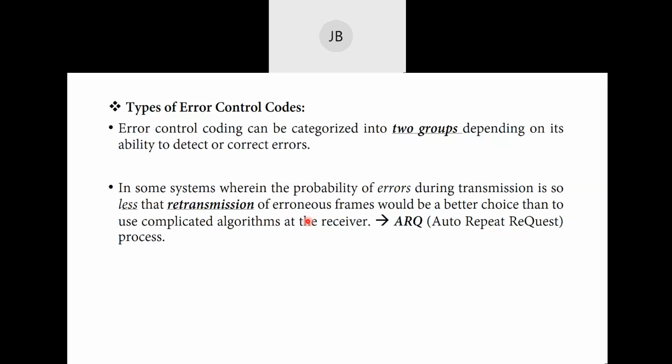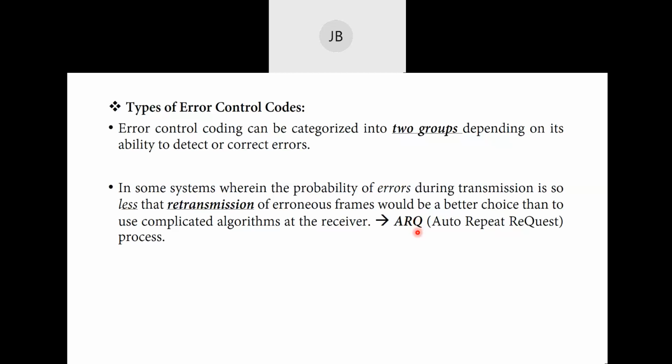If it finds that there is some issue or if the receiver cannot receive the data within some particular time, then it just needs to ask for retransmission. Then the transmitter will retransmit the data as mentioned here. So that process is called auto repeat request or ARQ, auto repeat request.